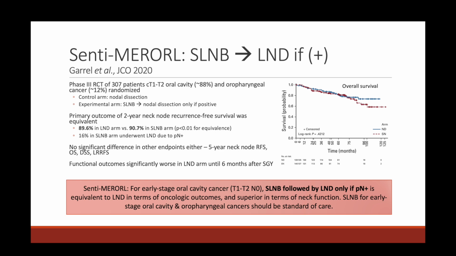There was a study called chemoRT that aimed to answer that question. So this was a phase 3 randomized trial of 300 patients with clinical T1 to T2 oral cavity disease or oropharyngeal cancer. Now, 88% of the patients had oral cavity cancer, and these patients were randomized to either nodal dissection in the control arm or the experimental arm, which was a sentinel lymph node biopsy, followed by nodal dissection only if the sentinel lymph node biopsy was positive.